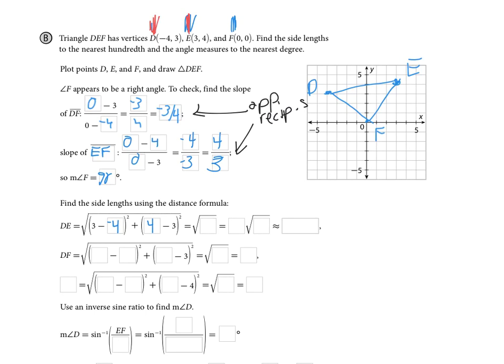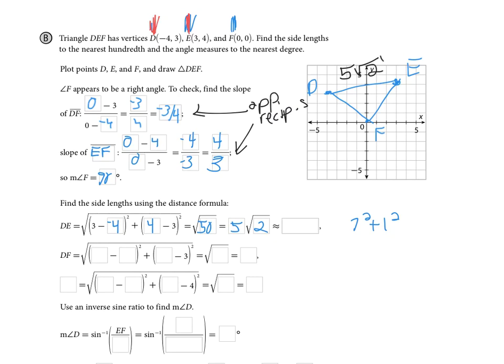Off to the side, that's 7 squared plus 1 squared under the radical. So that's the square root of 49 and 1, which is 50. Simplifying that out, we get 5 radical 2. So I'm going to put that on the diagram. DE is now 5 radical 2.